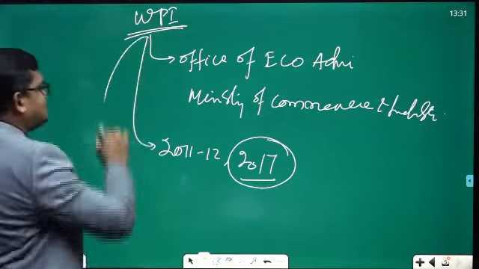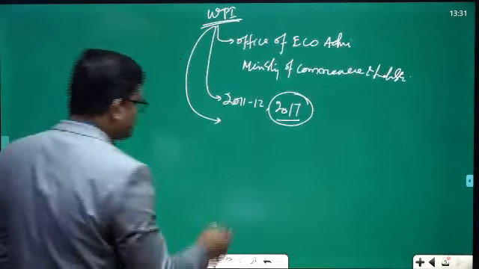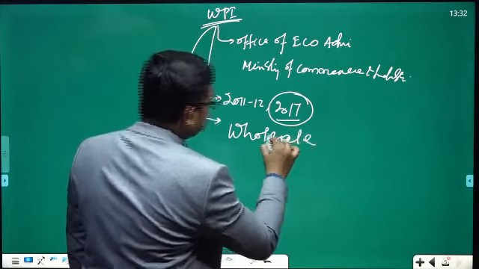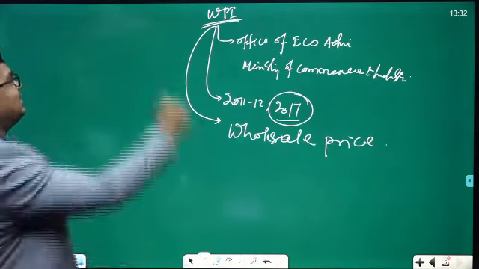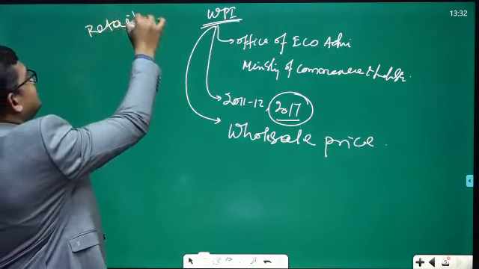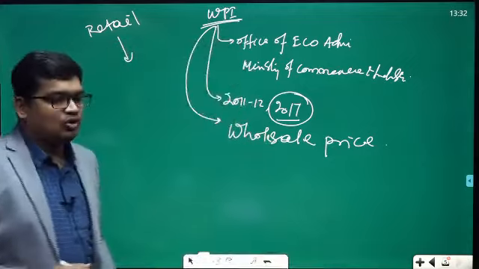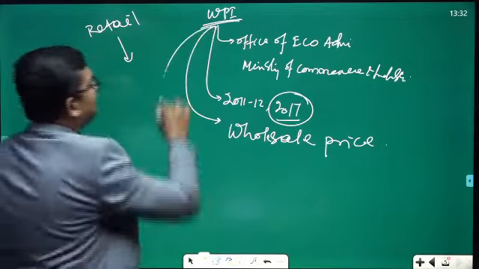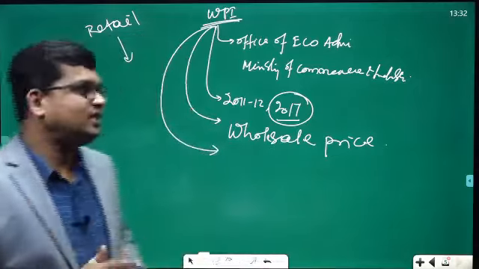What does this exactly measure? It measures the price at the wholesale level. This does not deal with retail price like CPI. CPI deals with the retail or consumer price, but this deals with the wholesale price. Under this index, the whole basket of goods has been divided into three categories.